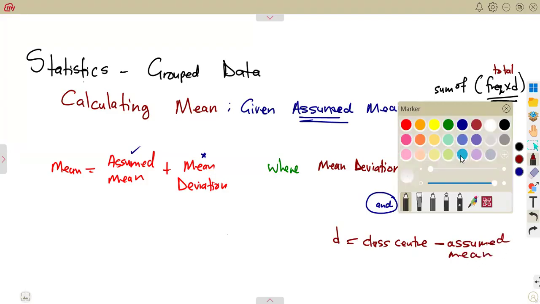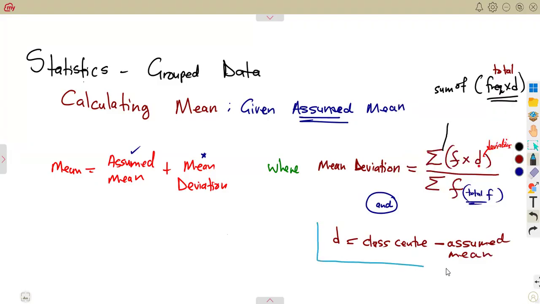All right, so these are the formulas that we are going to need to calculate this mean from the assumed mean. So D, remember, is your deviations: class center minus assumed mean. You'll be given information about that, where you need to find the mean from there.